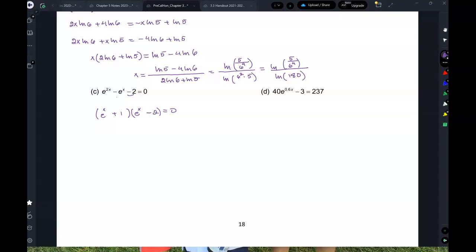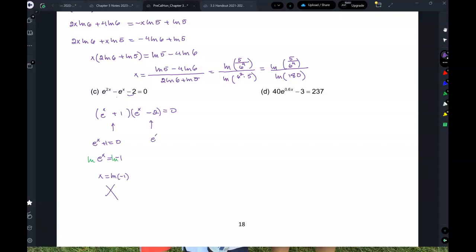Now, set each of these equal to 0. You set this one equal to 0. You get e to the x equal to negative 1. That doesn't exist. To solve this, you have to take ln of both sides, which means you get x equals ln of negative 1, which doesn't work.